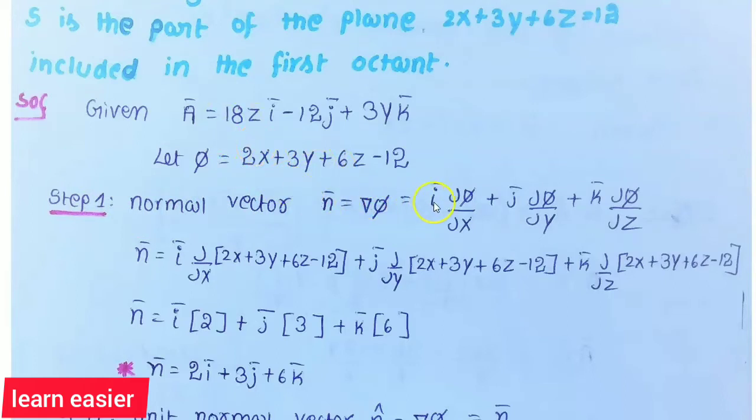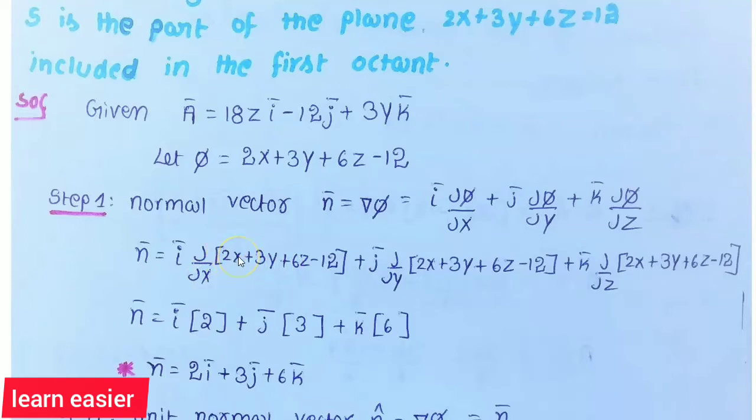Applying del, we get i bar into dou phi by dou x plus j bar into dou phi by dou y plus k bar into dou phi by dou z. We substitute phi in each. Now differentiate phi with respect to x, taking y and z as constant.